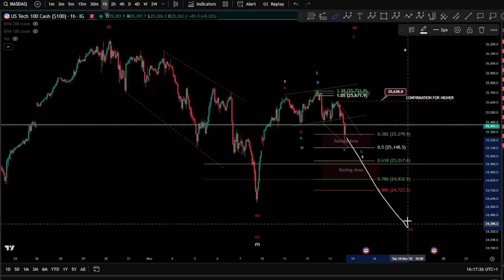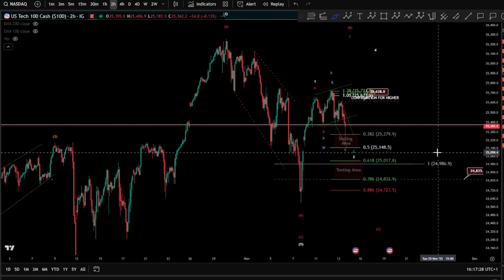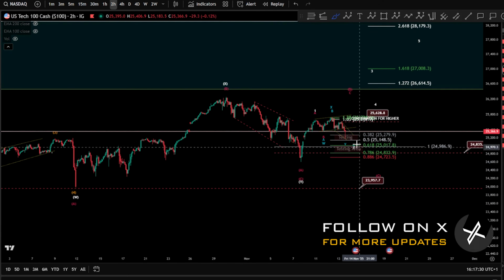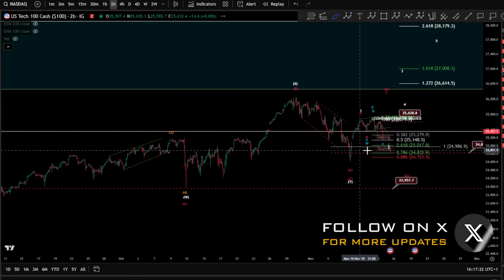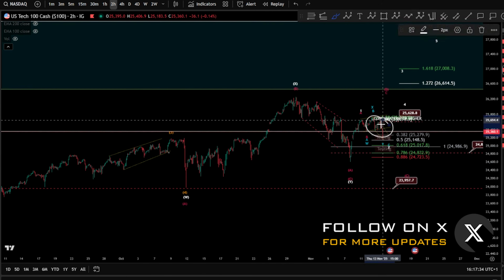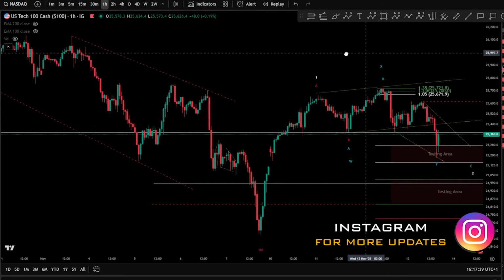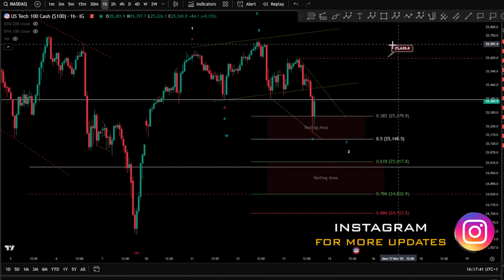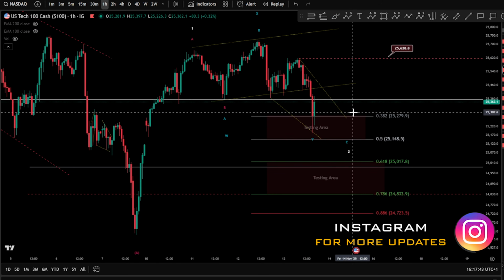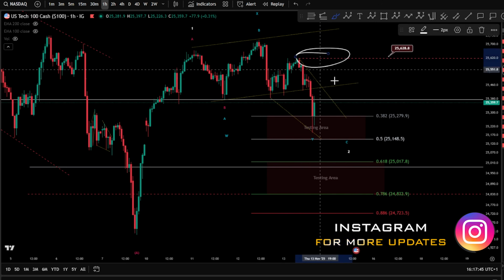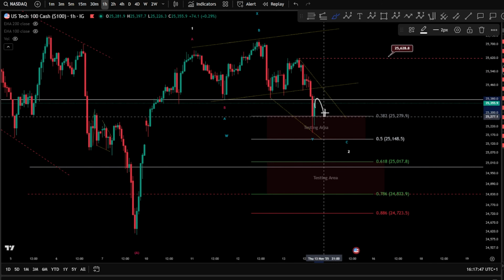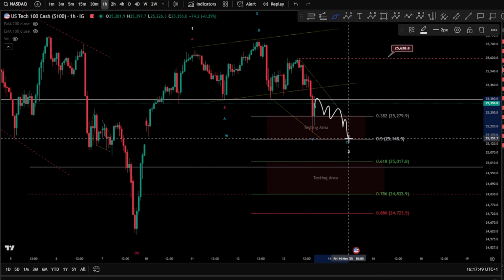Therefore, something very bearish and a deep correction might be unfolding here for Nasdaq. So we still have to take it step by step, guys. Preferably wait for the confirmation for higher here at 25K. And potentially the 25K 600 might be the answer in case we're moving toward the upside. Probability is higher for a wave C.